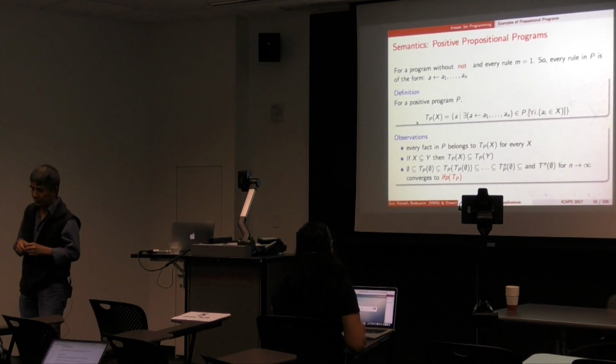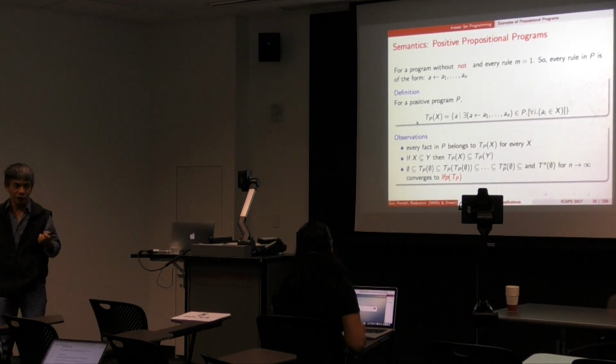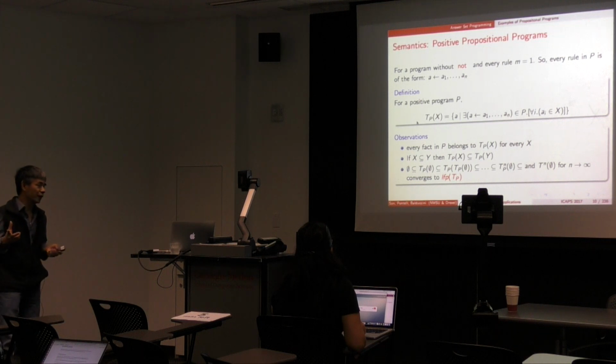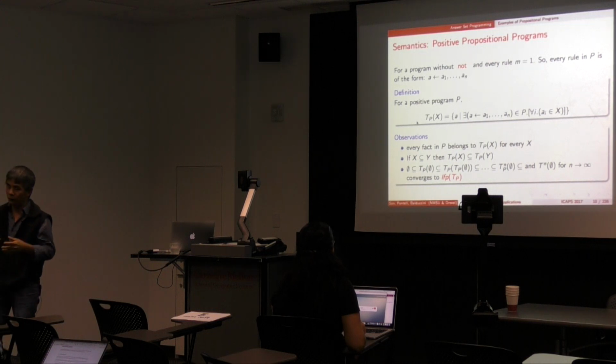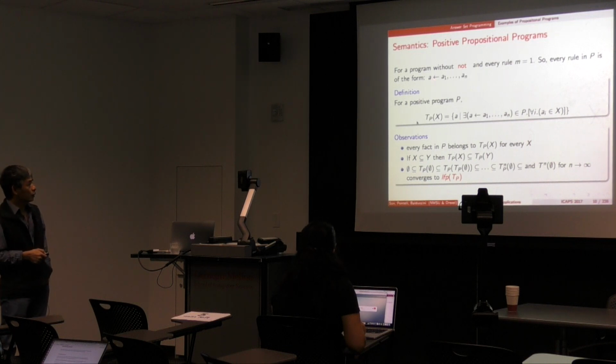To define the semantics of a general logic program, we go with two steps. First, we define the semantics of a positive propositional program, so in this, there are no default negations. For all rules of this form, we can define an operator called the TP operator.